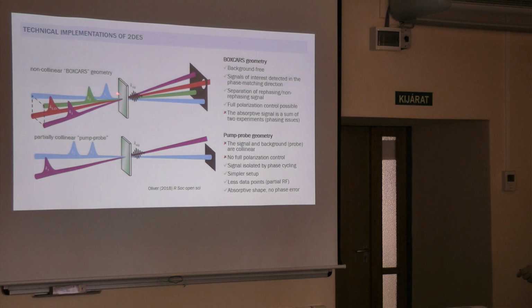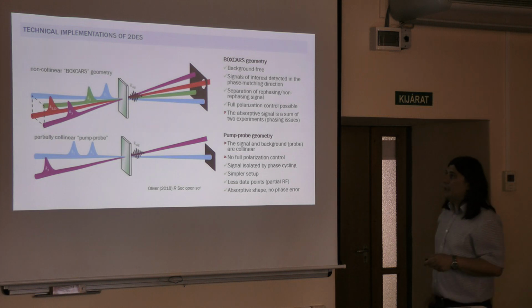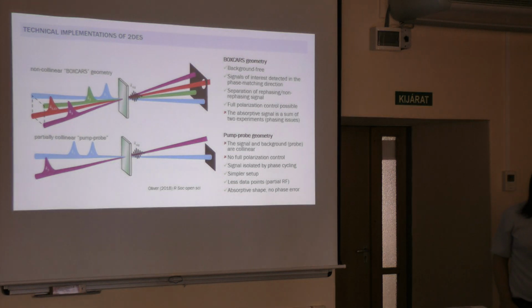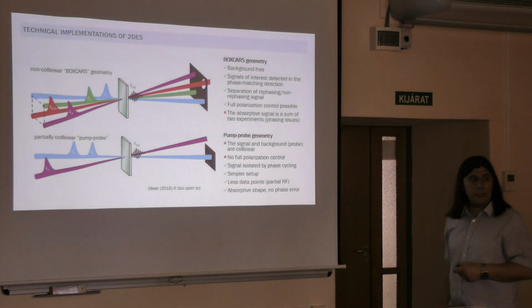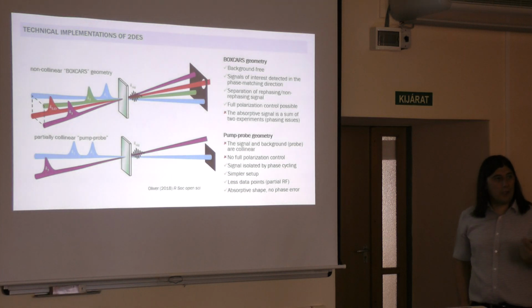Anyhow, what is necessary in this case is to use another 4th beam, what is called local oscillator. This is because the signal must be heterodyne detected. That means you cannot just detect the incoming field and then Fourier transform, because you need phase information, and our detectors do not record phase.